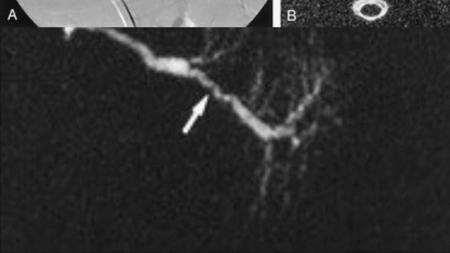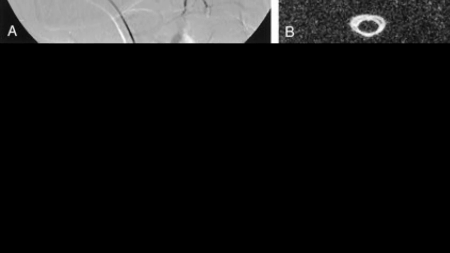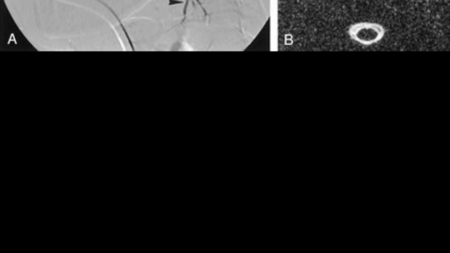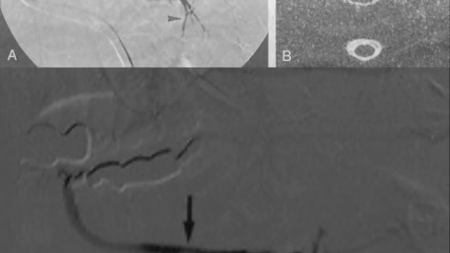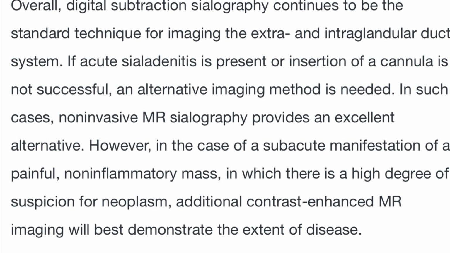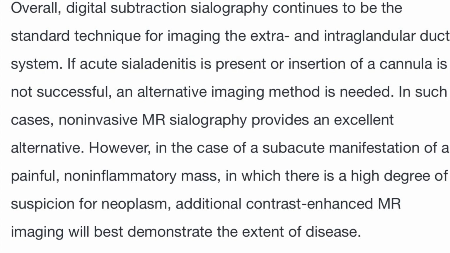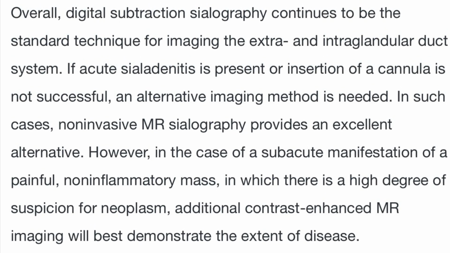There are two main investigations to diagnose this stricture. First is MR sialogram. Second is digital subtraction sialography. Both techniques are equivalent to each other to diagnose the stenosis or stricture. Overall, digital subtraction sialography continues to be the standard technique for imaging the extra or intraglandular duct system.